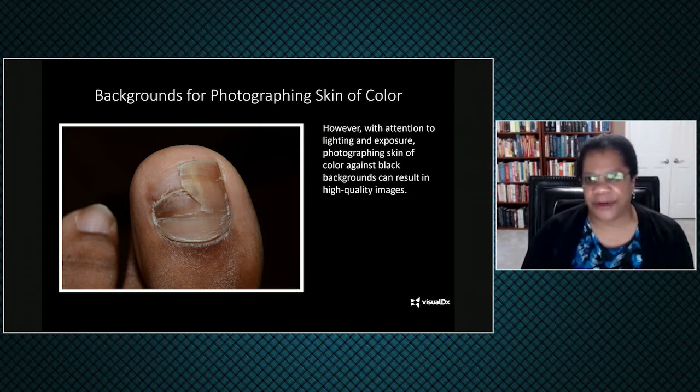I don't use one, so I can't comment on that. If anybody has any experience, they can feel free to give their opinion on that. But I use a digital SLR camera, and I get it to work just fine with the black background. And I like the black background also because you don't get those shadows that you often will get on a light background. So, all right, next.